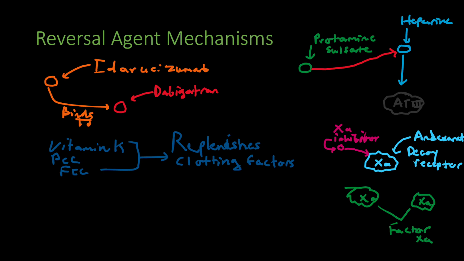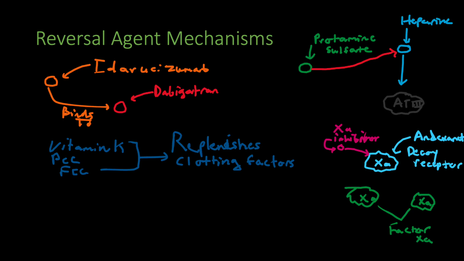So it will not prevent factor 10A or factor 2A or any of the other clotting factors that's in the blood. So that's an important one there as well. So just note some of these mechanisms here.